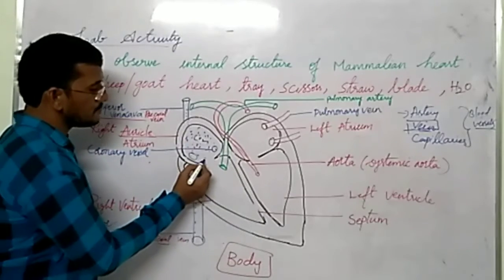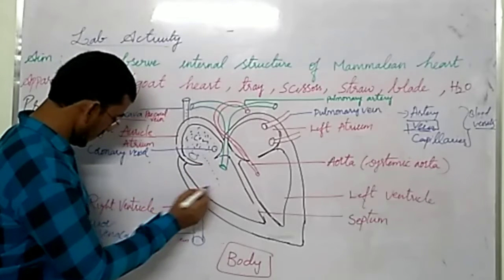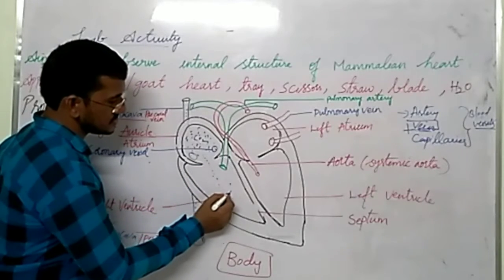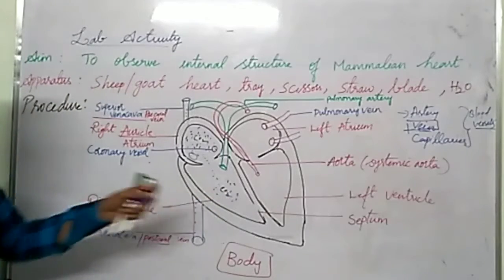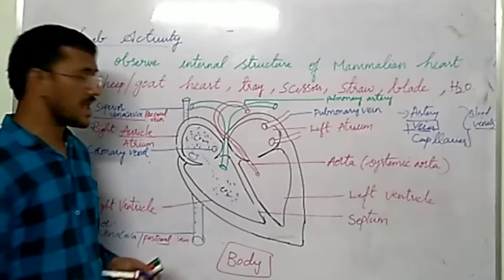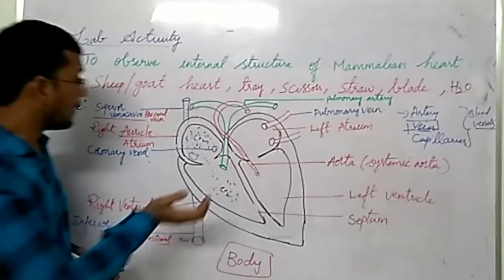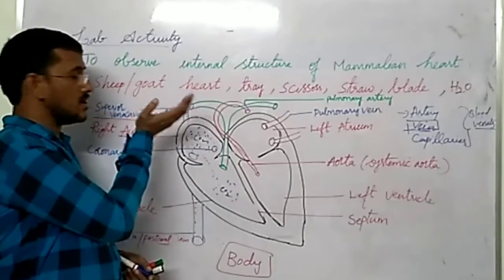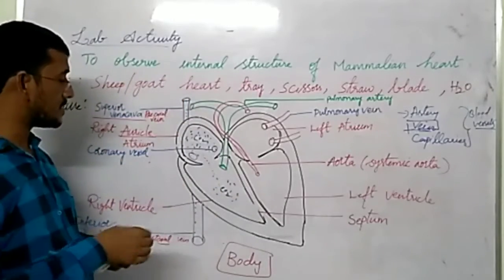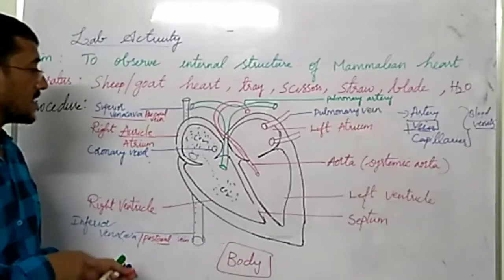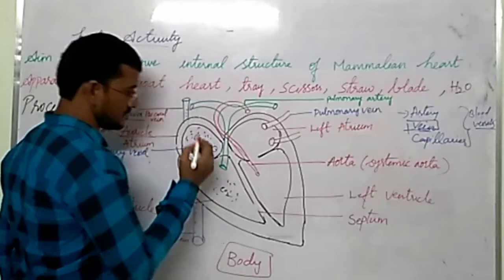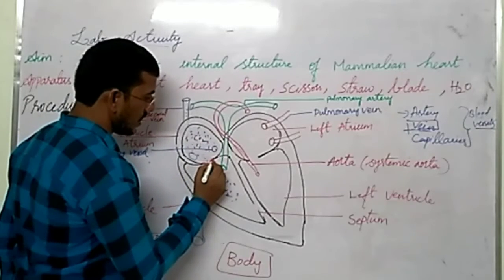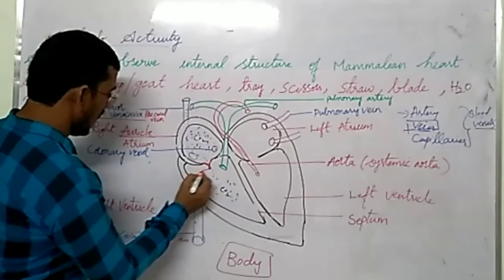From here blood is going to come into the right ventricle. So this deoxygenated, carbon dioxide containing blood will come here. Again, when ventricles contract, blood will try to go back. So when blood tries to go back, then immediately there is a valve which stops it, and this valve is called the tricuspid valve.